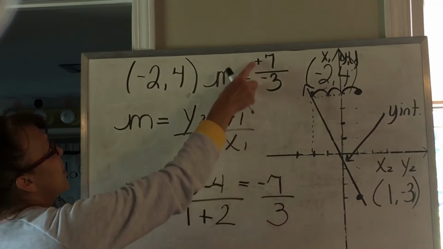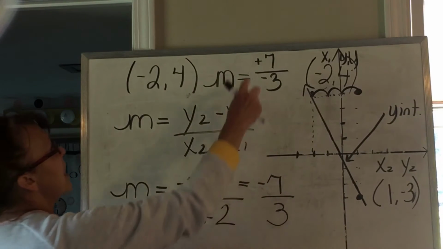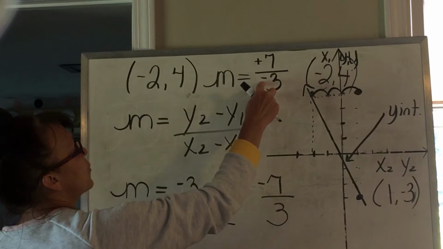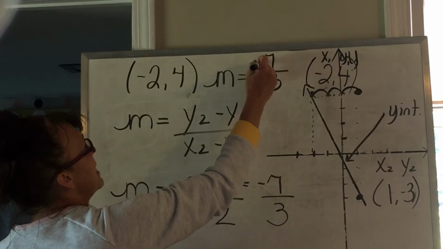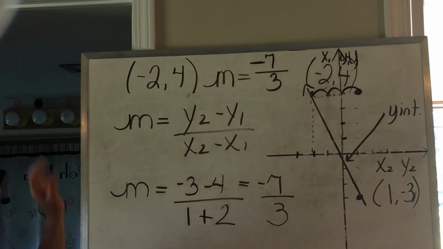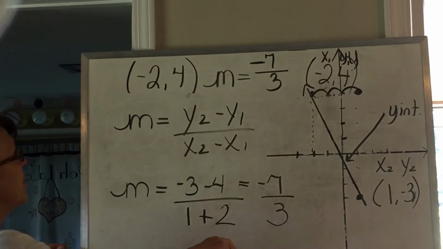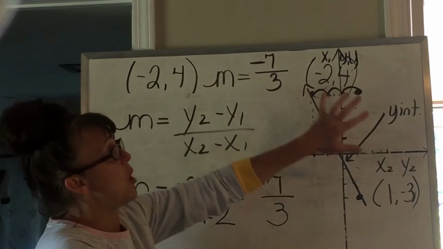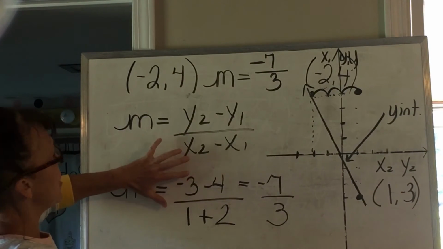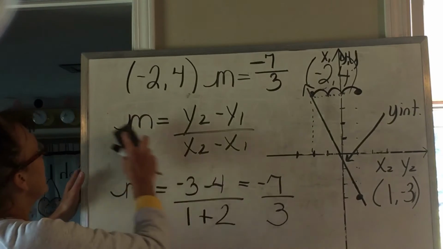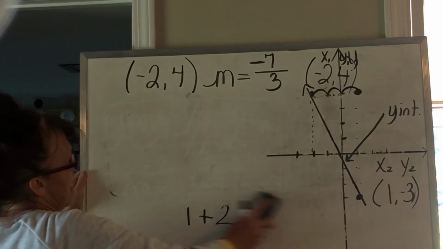And you go, that's what we had? Yes, because a positive over a negative is going to reduce down to just a negative number. So we're going to put the negative on top. So you can find slope by counting, or you can find slope by using the formula. Either way is fine with me.